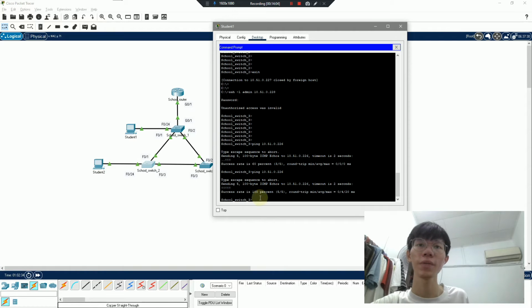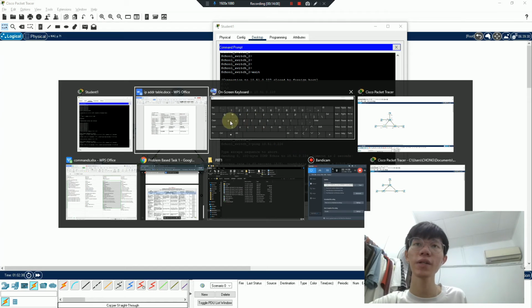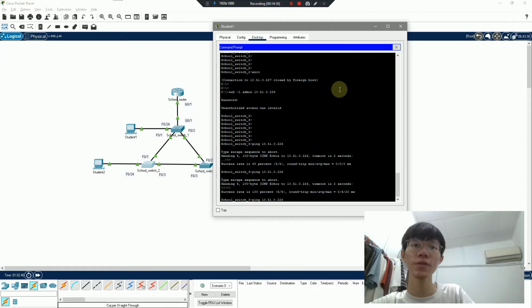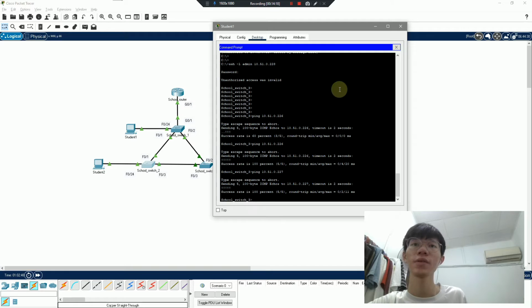So the ping was success. And the second one is the switch 2, its IP address is 227. So ping 227, and the ping will also success.